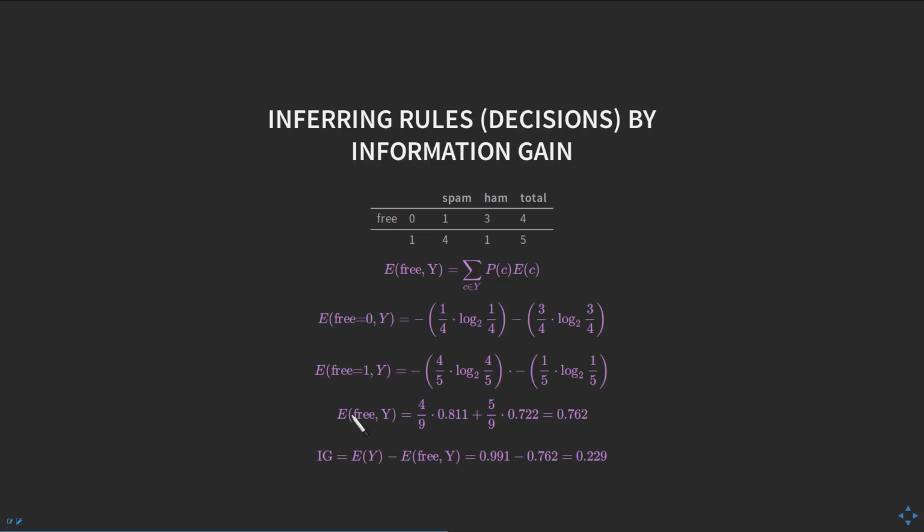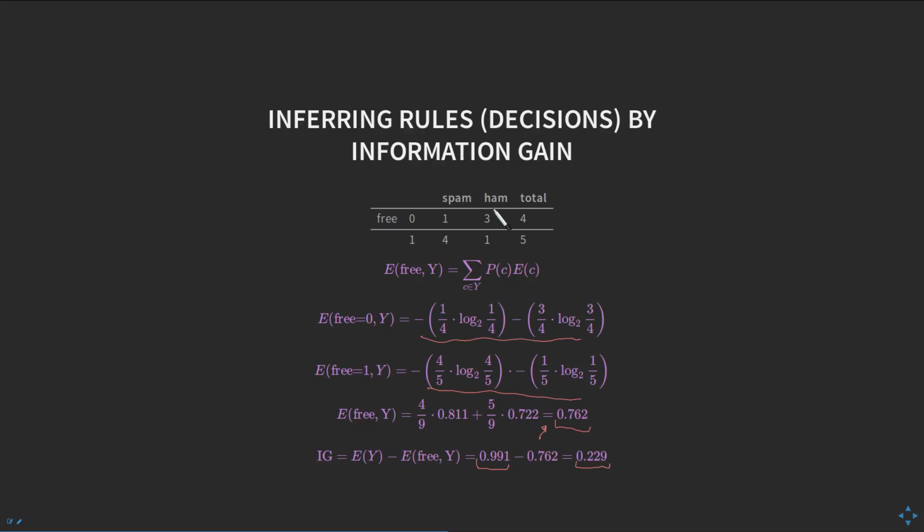So for the proportion of free is 0, we have 4 over 9 times this, and for free is 1, we have 5 over 9 times this, and this will give us the entropy for free given y. And then for the information gain, we just fill out what we had before, so that is this 0.991, and we subtract that from the solution of this one, and then we get 0.229. And this will be the information gain for this particular feature.